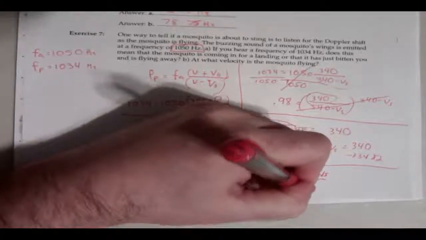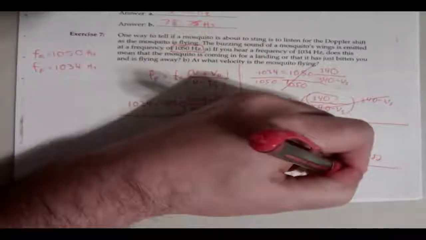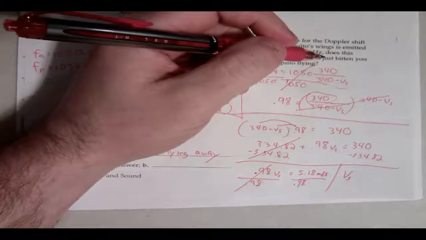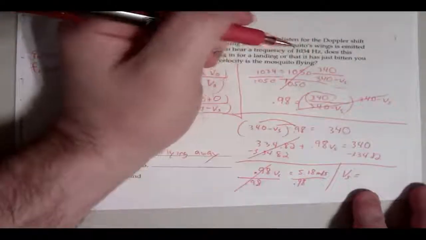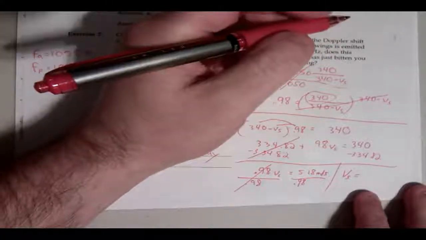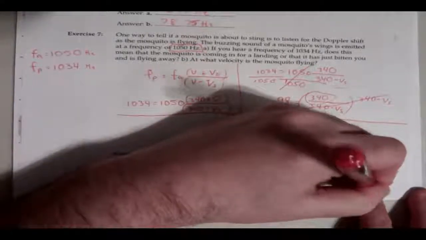See ya. So now we have velocity of the source, aka the mosquito, should be about. Now for the key, they have different answers depending on if you rounded. I'm going to list them both. So you could either get something like 5.26 or 6.94.